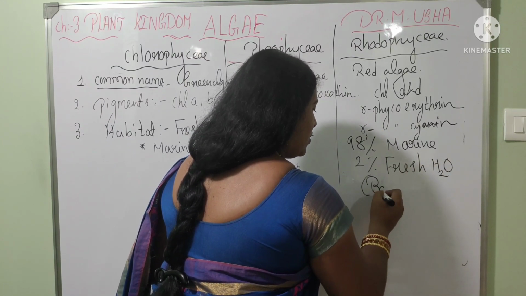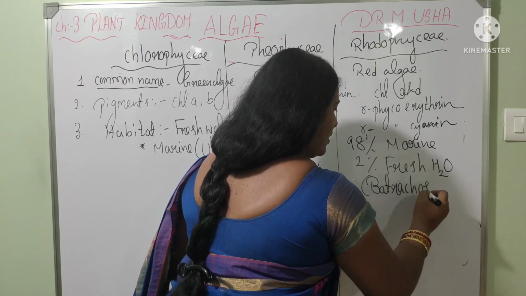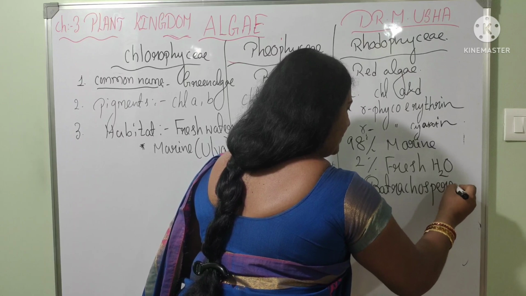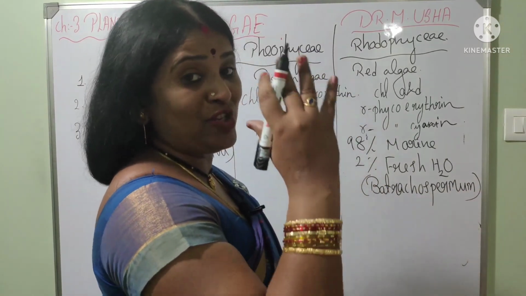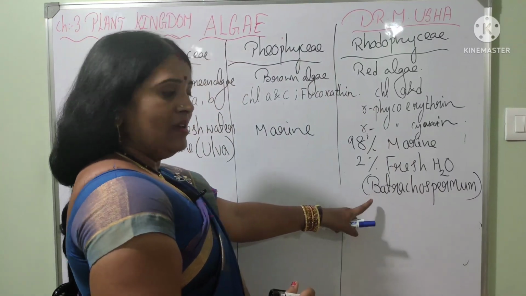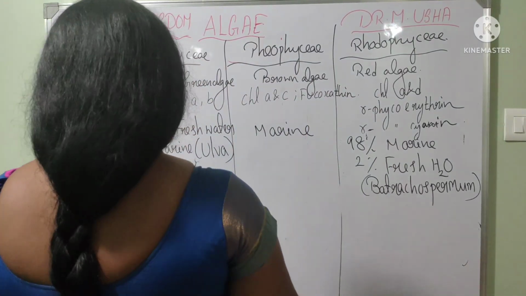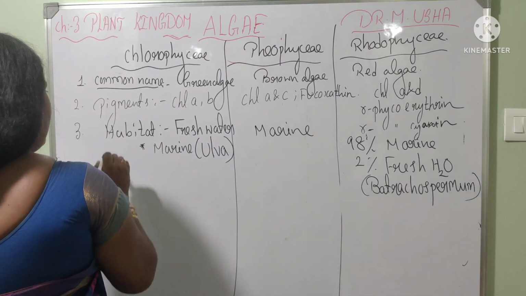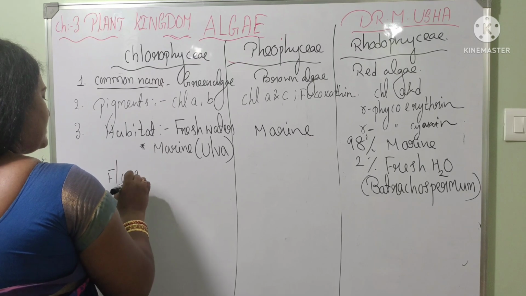Example, Batrachospermum. Once again, Batrachospermum. If freshwater red algae is the question, then your answer is Batrachospermum. Right, children?